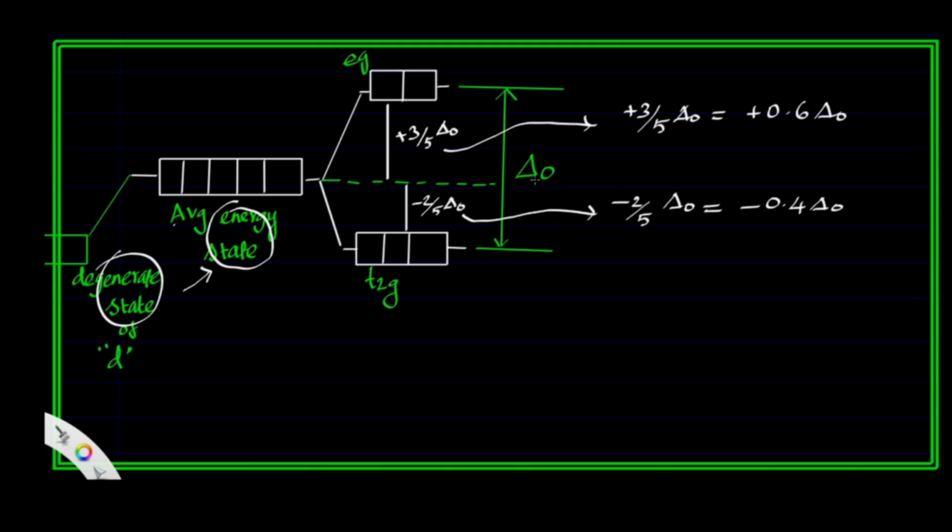The delta value is known as the crystal field splitting. The Eg set has higher energy, that is plus 3 by 5 times delta O, and the T2g set has lower energy, that is minus 2 by 5 times delta O, which is equal to plus 0.6 delta O for Eg, and minus 0.4 delta O for T2g.